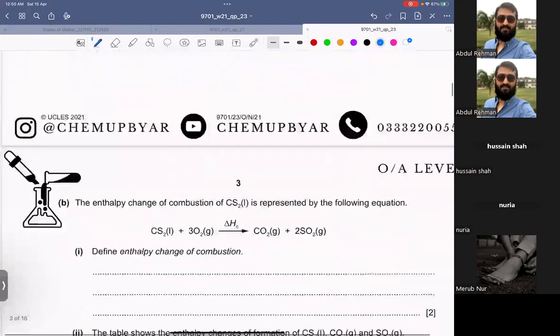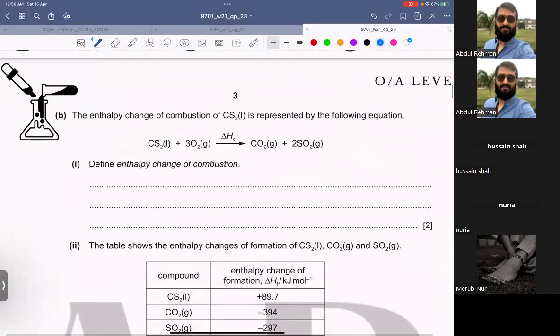Okay. Now, B part, the enthalpy change of combustion of CS2 is represented by the following equation. Here I have to define the enthalpy change of combustion.